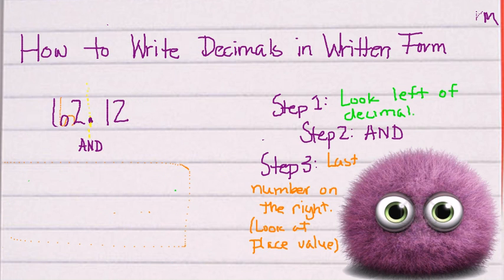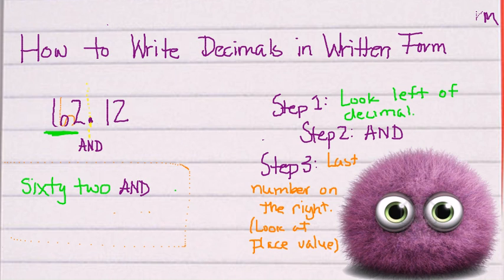Here's my last example. We have 62.12. Of course, that's not how we read it. Remember, our first step is to identify the whole number on the left of the decimal and write that number. This is 62. Now we have 62 and some, so we write the word "and" because we see there's a decimal.